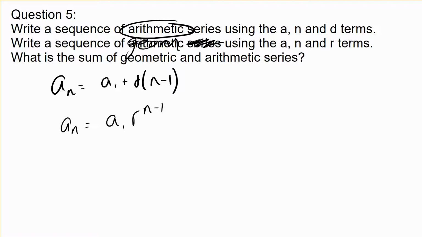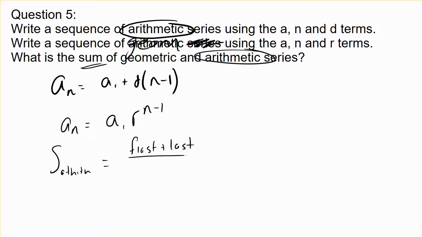And then we want 3 more, actually, formulas for our sums. So we're going to start with our arithmetic sum. So that one, I like to say the words first plus last over 2 times how many.